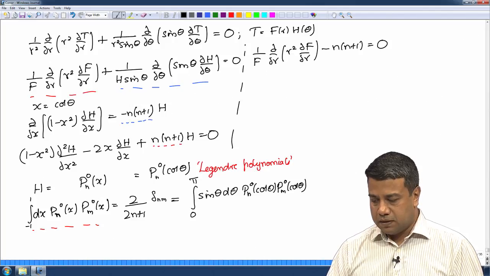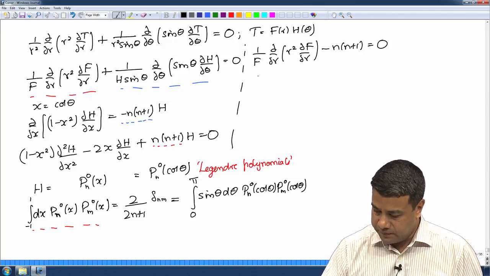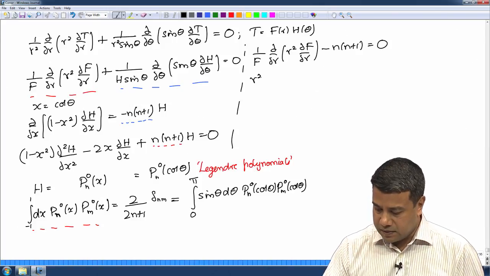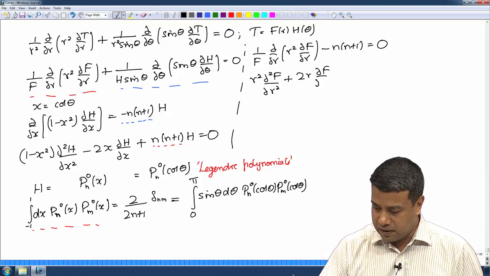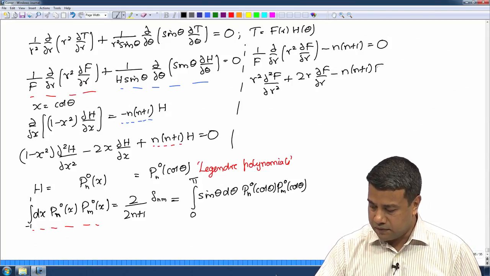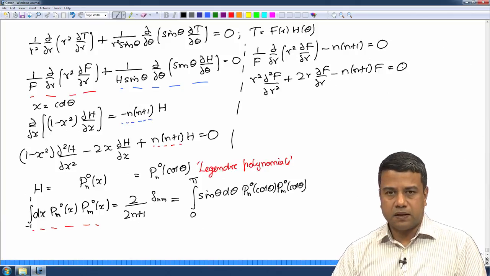Or alternatively, if I multiply throughout by f and simplify, I will get r square d square f by dr square plus 2r df by dr minus n into n plus 1 into f is equal to 0.